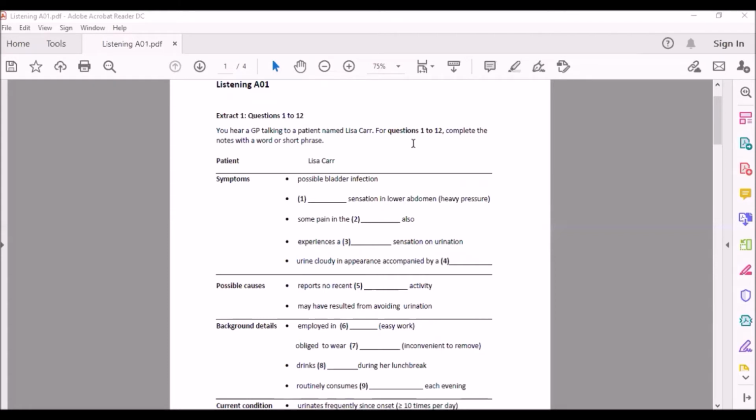For questions 1 to 12, complete the notes with a word or a short phrase. That can be 2, 3, 4 words. The average is usually about 3, but please consider that it might have more words, 4 or even 5 in certain contexts.